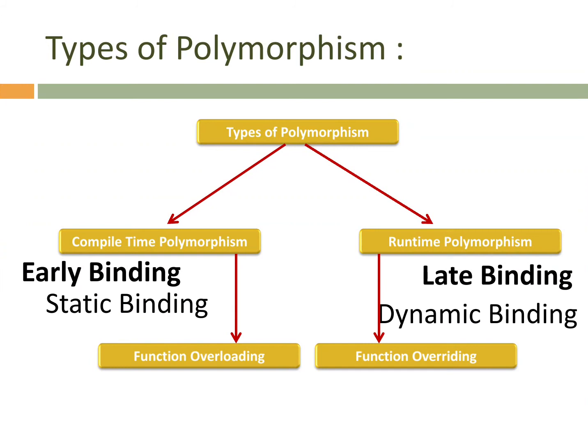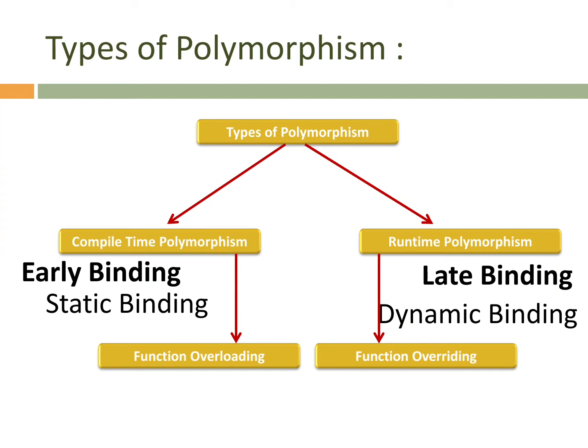Actually, in compile time polymorphism, we are creating functions and calling functions, and one function has different tasks. When we compile that function, we have to check whether the function is written properly or not, whether the function name is proper, and whether the parameters are proper.